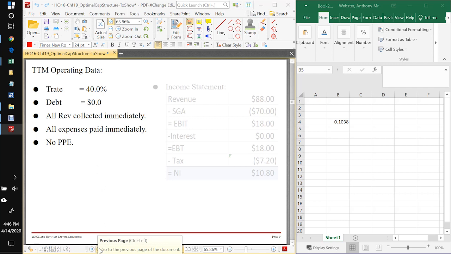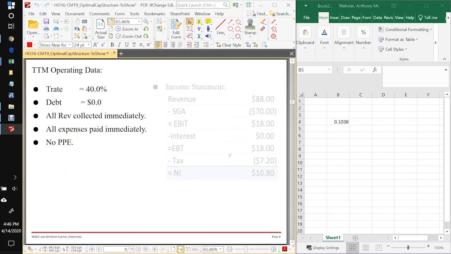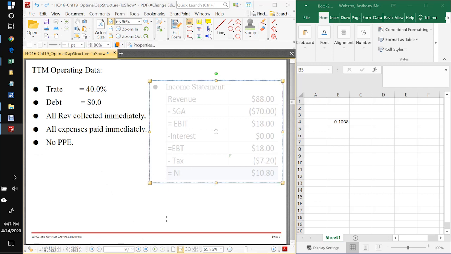You might be saying this is too artificial, but it's really not for this type of consulting company. You're renting office space, so you could effectively have very low or no accounts receivable or payable, and definitely no PPE if you're just renting space month to month.